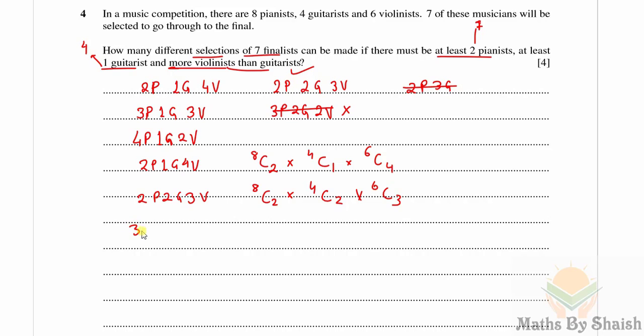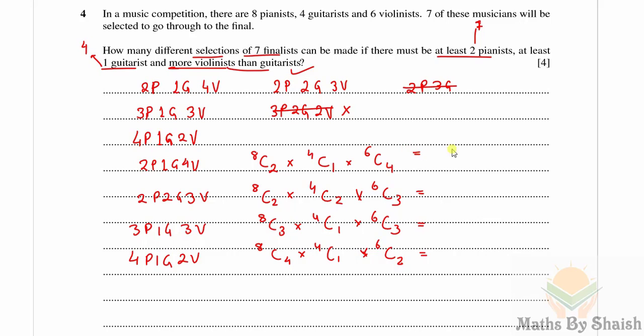Next, 3 pianists, 1 guitarist and 3 violinists is 8C3 times 4C1 times 6C3. And the last one, 4 pianists, 1 guitarist and 2 violinists, is 8C4 times 4C1 times 6C2. We will calculate them all and add them.